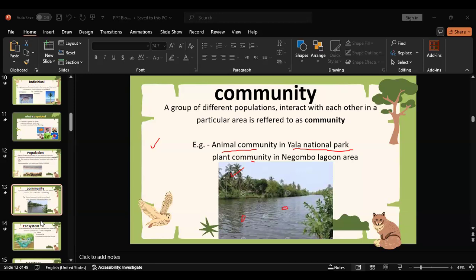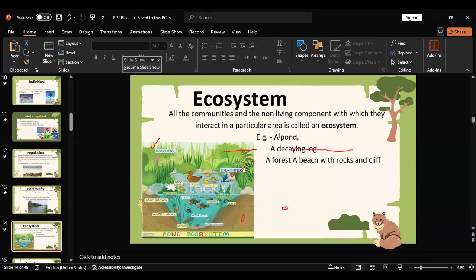The next level is the ecosystem. Here it is all the communities and the non-living components which interact in a particular area. Not only all the communities, but also the non-living components.